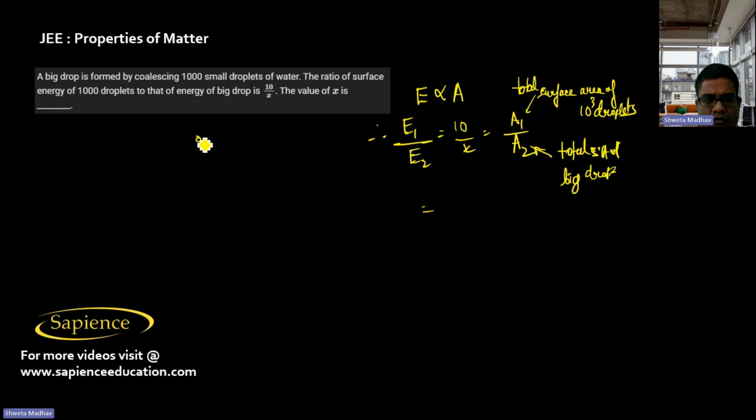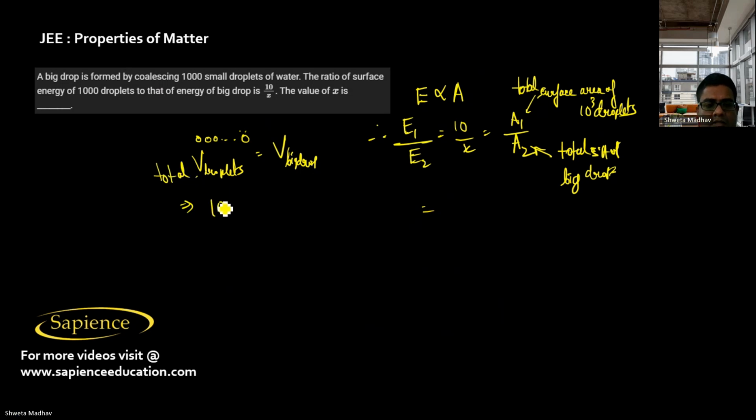So the volume will be conserved, as mass is conserved and the density is the same. So the total volume of R cube is 1000 times small r cube by 4 by 3 cancel.